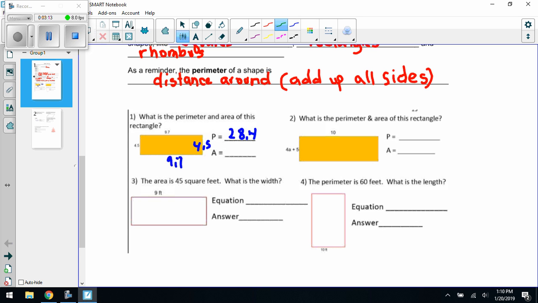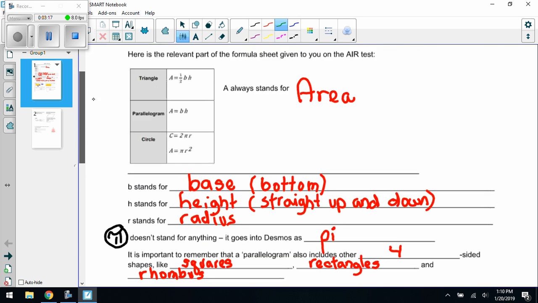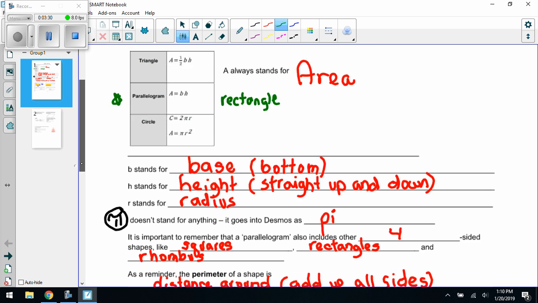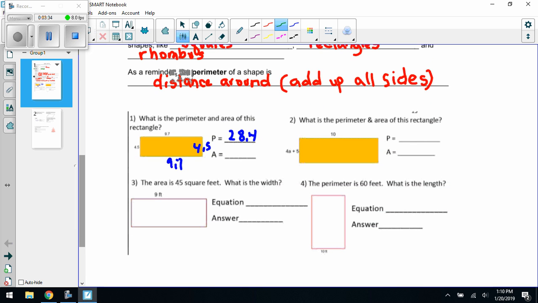To find the area, go back up to your formula, and since a rectangle is also a parallelogram, you can write in the word rectangle. As a reminder, we will be doing area equals base times height.